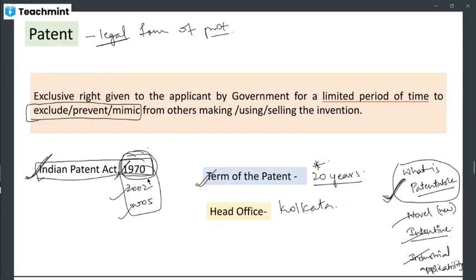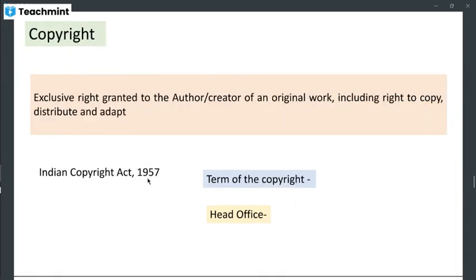And coming to the second, we'll be talking about copyrights. Everyone will be aware of what copyrights mean. All these IPRs are a legal form of protection. Copyright is an exclusive right which is granted to the author or creator, or to any other agency or business, for their original work.